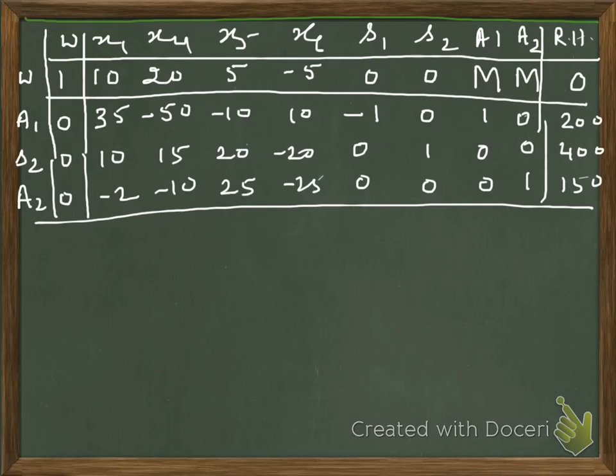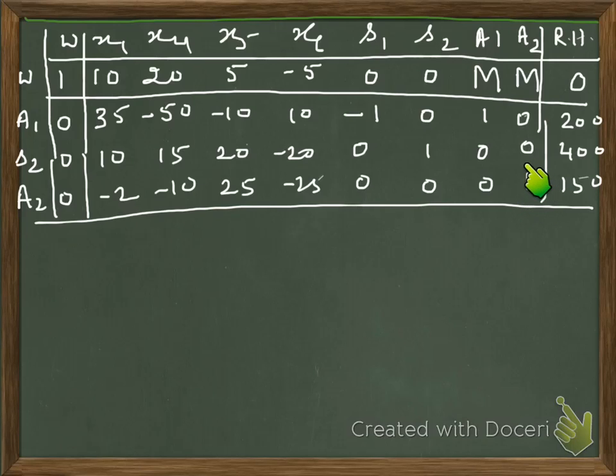Since you want 0 for this m, and in this column you have 1 here and 0, 0, if you multiply this row by m and then subtract from the original row, you will get 0. The same elementary row operation should bring this also to 0. So we can look into this particular column.